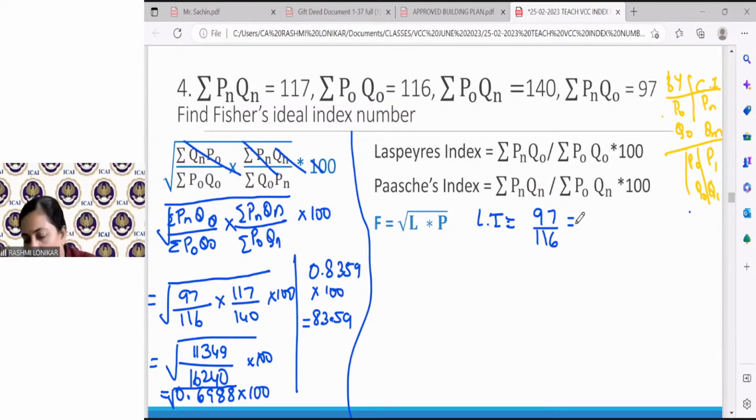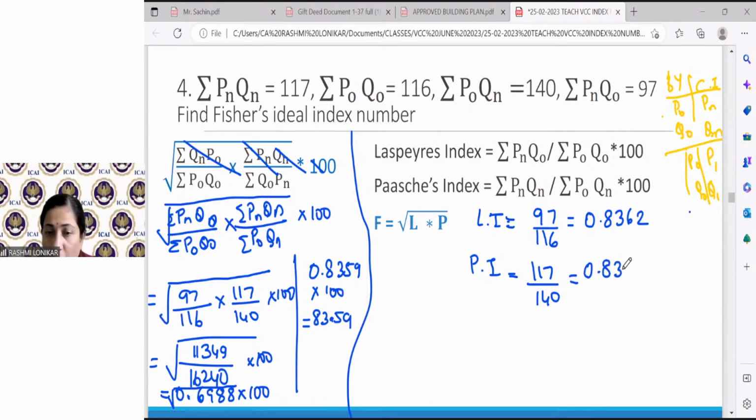So how much is 97 divided by 116? 0.8362. How much is the Paasche index? Paasche index is summation Pn Qn, which is 117, upon P0 Qn, which is 140. So 117 divided by 140 is 0.8357.